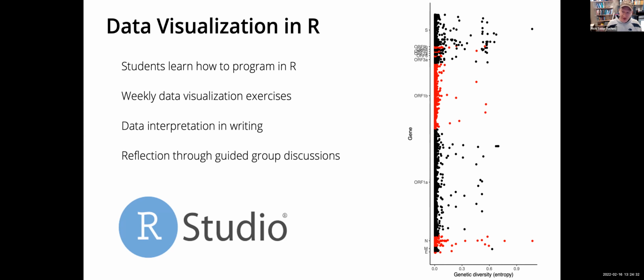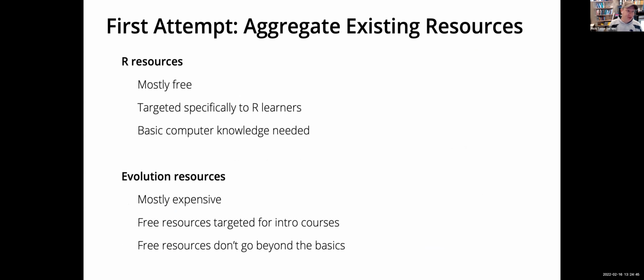So a real challenge that I've had over the years is how do I unite, on the one hand, this field-specific information about evolution, and on the other, this technical information about learning how to program in R. My first attempt at an open source learning resource was trying to cobble together existing resources, on the one hand on the R side, resources that teach people how to program, and then resources on the evolution side.